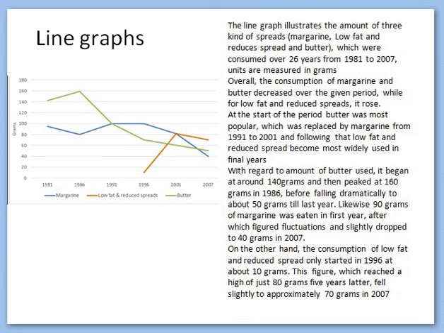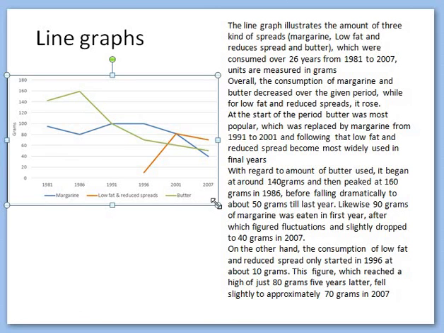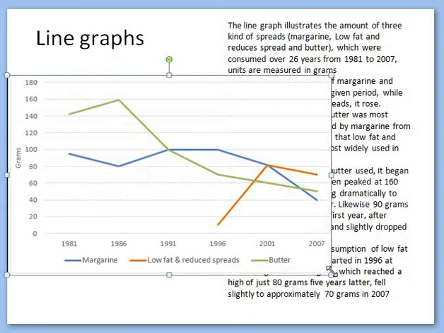Another example. In this line graph, margarine, low fat and reduced spread, and butter in grams, from 1981 to 2007.